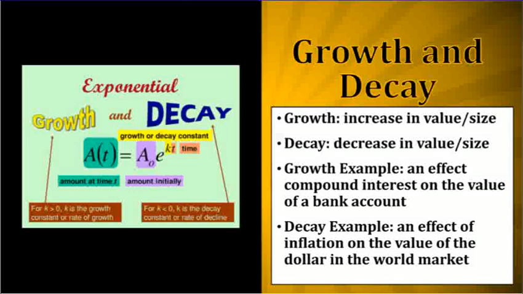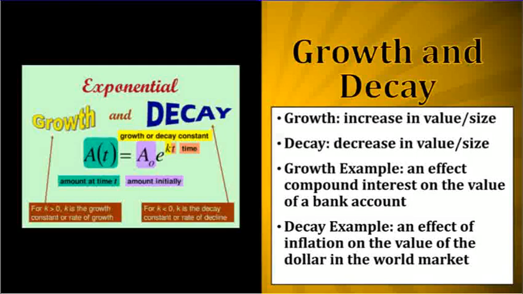With growth and decay, growth is just an increase in value or size. Decay is just a decrease in value and size. So an example of growth would be the effect compound interest has on the value of a bank account. That would be an exponential growth.